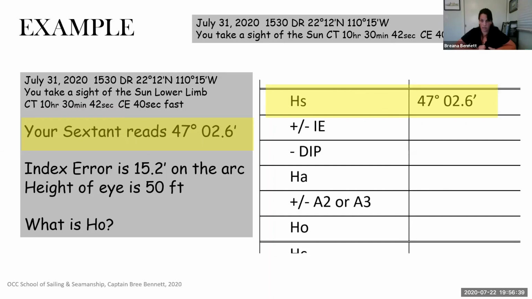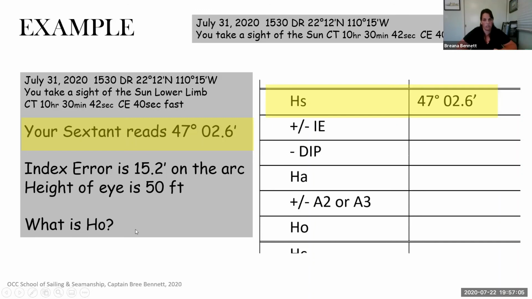In this case, we don't need to know what our position is or what our GMT is. All we're doing right now is getting our sextant corrections. We did make a note that our index error, so we did this before we shot, was 15.2 minutes on the arc, and our height of eye is 50 feet.